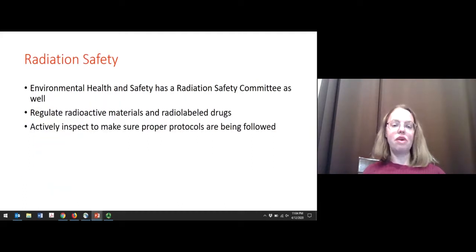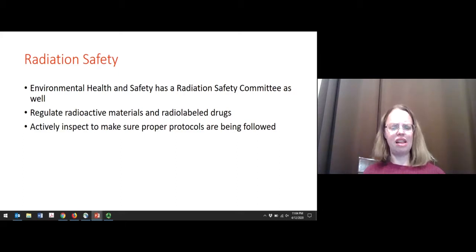Environmental Health and Safety also has a radiation safety committee, and they regulate both radioactive tracers, like radioactive materials, as well as radio-labeled drugs. And again, you always have to write a protocol beforehand, and then they'll actively inspect and monitor radiation levels, give people little badges to wear, look at the rooms, et cetera, for radiation safety.